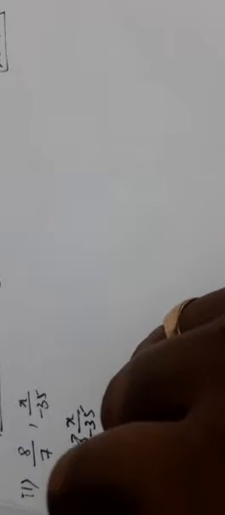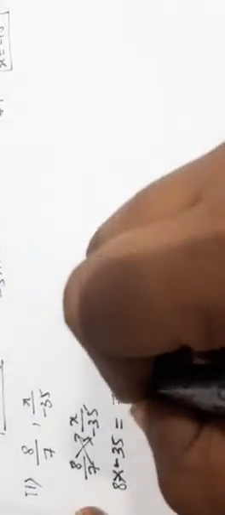Children, next set of rational numbers are 8 by 7 and x by minus 35. So we are going to cross multiply because they are equivalent rational numbers. 8 into minus 35 must be equal to 7 into x.